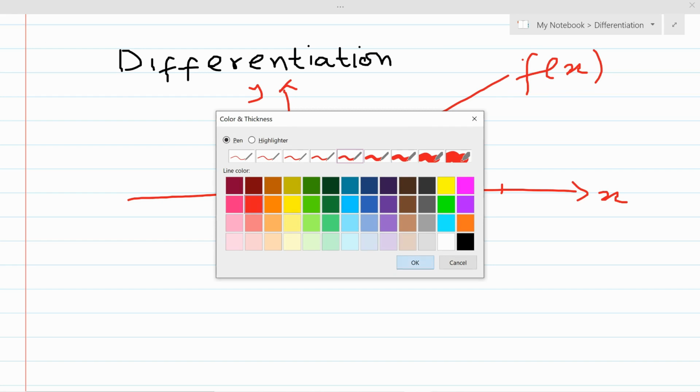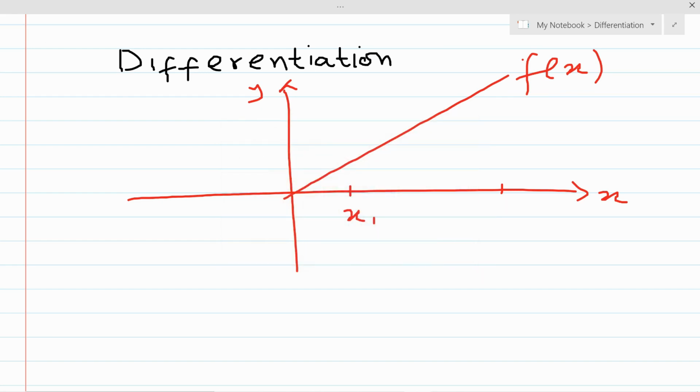So let's say this is x2. It comes and cuts the curve like that, and this one also cuts. So if I move straight to the y-axis, I'll get my y2 here, and here I'll get my y1.